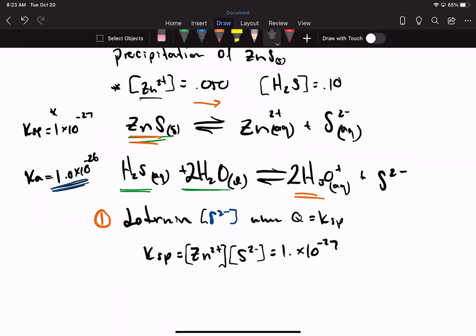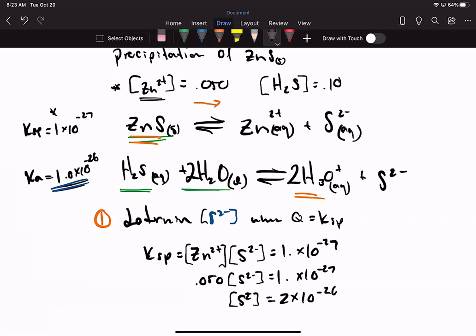Since we know what the concentration of zinc is, we can simply replace that: 0.050 times this concentration is equal to 1 times 10 to the minus 27. So the concentration here, let me calculate that, is 2 times 10 to the minus 26.